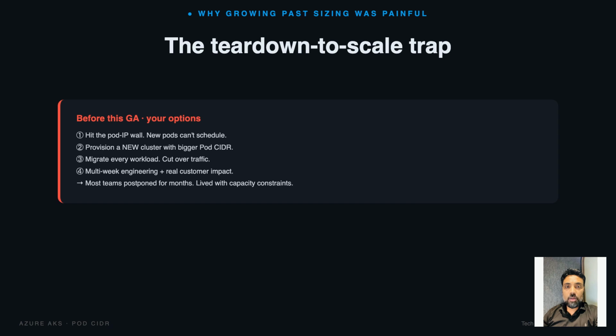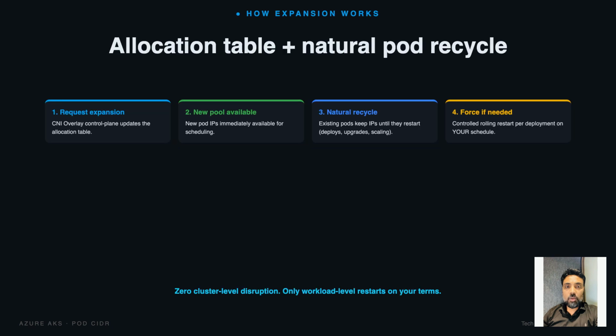Okay, how the mechanism works under the hood. Azure CNI Overlay uses a control plane component that manages pod IP allocation across nodes. When you expand the Pod CIDR, that component updates its internal allocation table to include the new range. Then, as pods restart or scale, they are assigned IPs from the expanded pool.